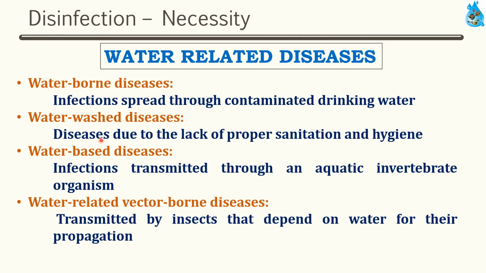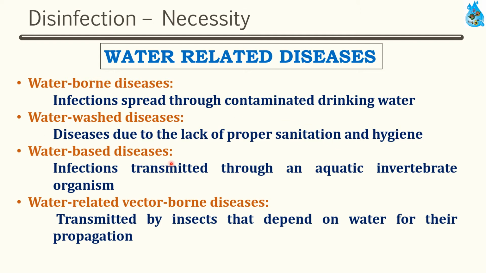These are the diseases due to the lack of proper sanitation and hygiene. For example, poor or unhygienic storage, improper or irregular cleaning of tanks, water taps maintained in unhygienic conditions. All diseases caused due to these conditions are called water wash diseases.